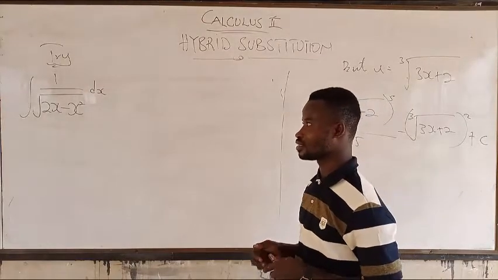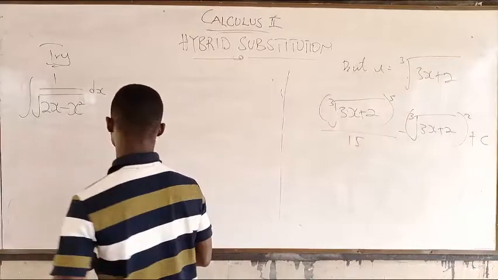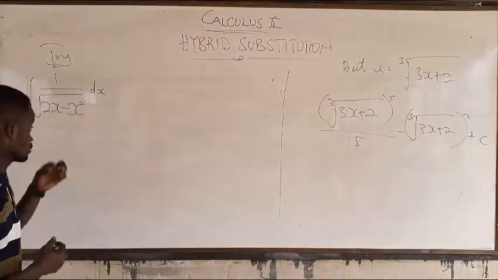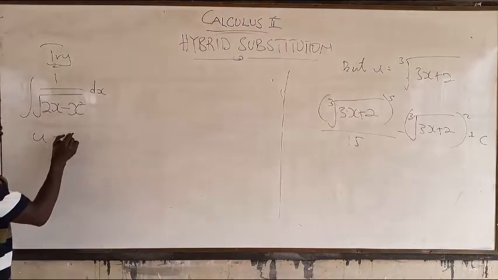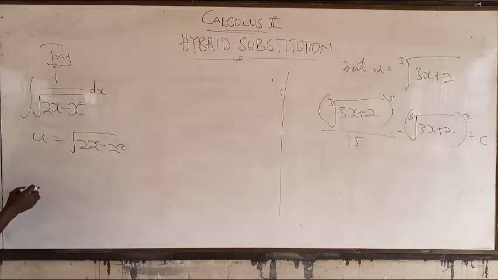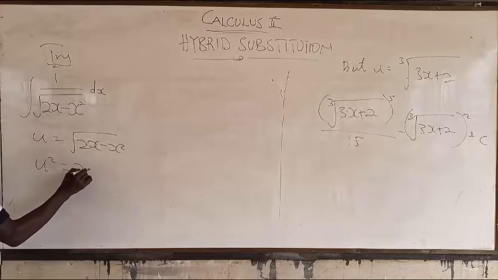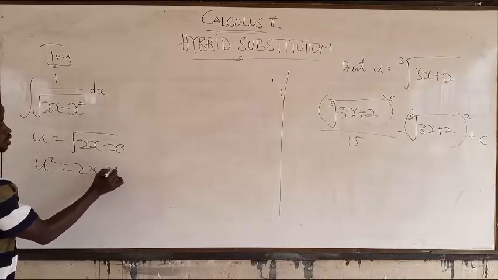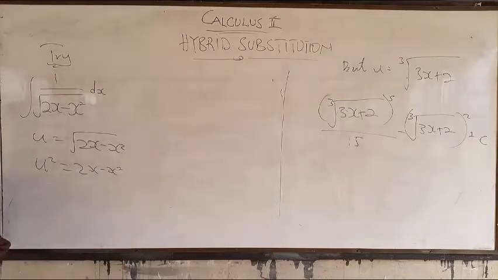Alright. So I would like you to go with the idea of hybrid substitution, whereby you set u to be equal to square root of 2x minus x squared. So u squared is going to be 2x minus x squared. Then you move on to take the derivative and you end up getting something interesting, so that you use that one to do it.